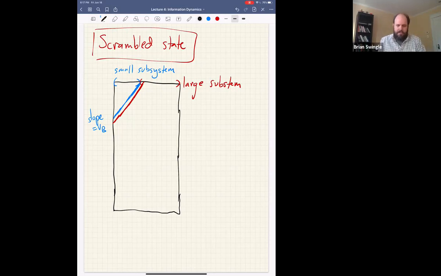And the important point here is that no matter where this small subsystem is located in the overall system, I've drawn it here at the left edge, but I could put it at the right edge, or I could put it in the middle. No matter where I put it, its entropy is saturated. And this is a statement that all the small subsystems look thermal at late time, right? In fact, what this predicts is that everything essentially up to half the total system will look thermal.